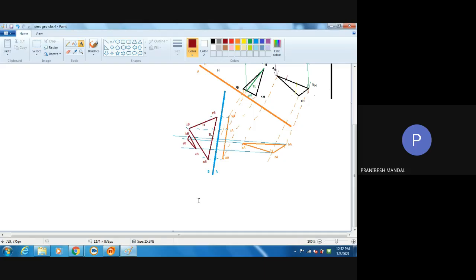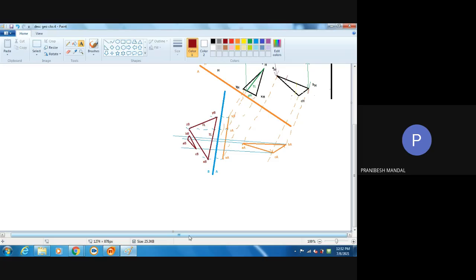Won't it be H view? Beyond the true shape, if you get any plane, won't it be H view? Yes, sir. And what are the lengths you are going to take? These lengths are equal, no? Yes, sir. So any ABC plane I take, I am going to get the H view of this particular XYZ, yes or no? Yes, sir. Is it clear or not? Sir, I did not understand exactly.